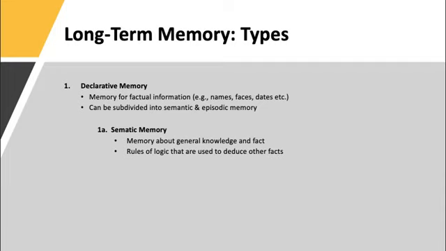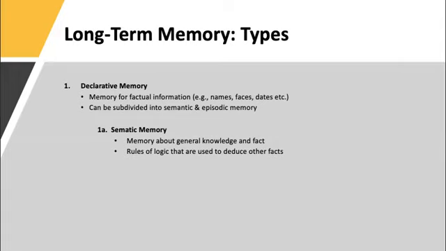Semantic memory refers to general knowledge or facts about your world and the environment around you, and also refers to rules of logic that are used to deduce other facts. So these are things like remembering the zip code for a certain city, remembering the capital of the states, remembering certain math equations, right?